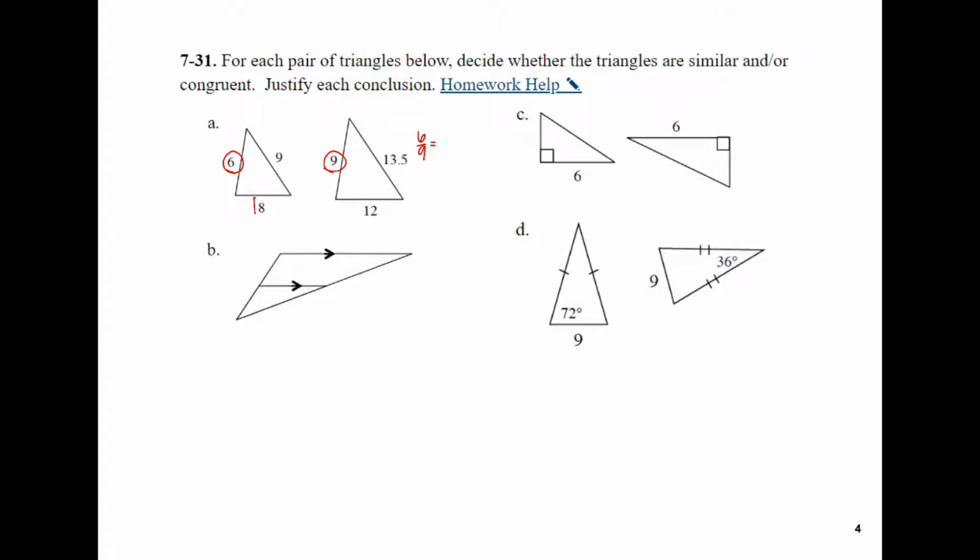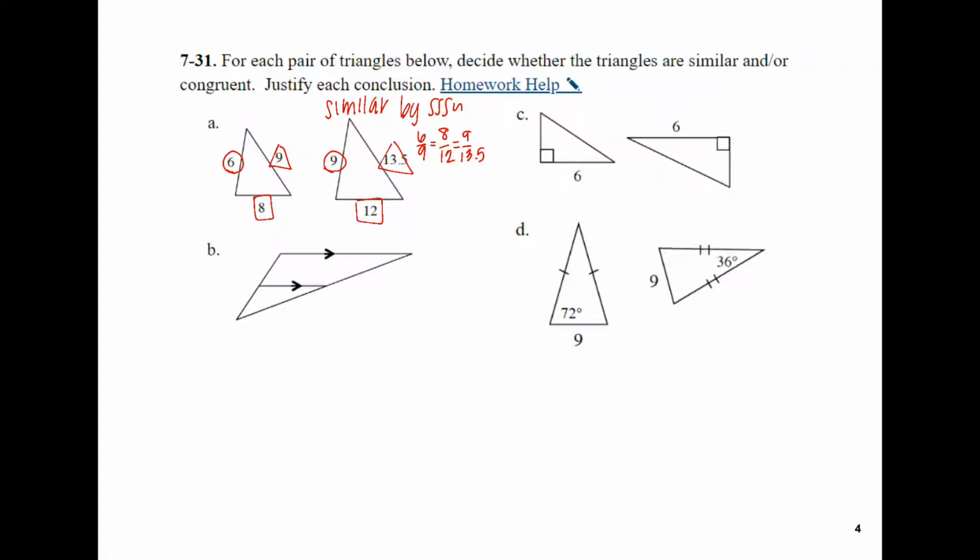If I put the medium side over the medium side, I also get 0.6 repeating. And if I put the largest side over the largest side, I also get 0.6 repeating, so we can say that these two triangles are similar by the side-side-side similarity theorem.